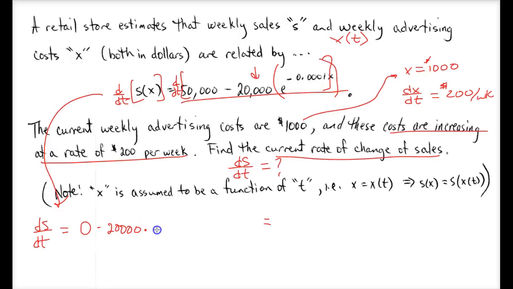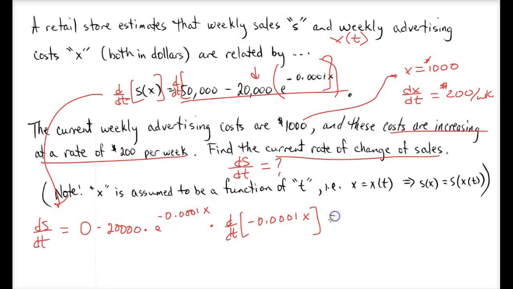But to do that, we have to take the derivative of the outside function, which is e to the blah, times the derivative of the inside function. And the inside function itself is d over dt of negative 0.0001x.